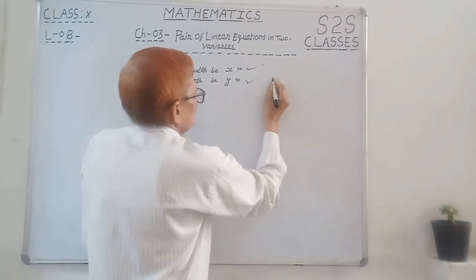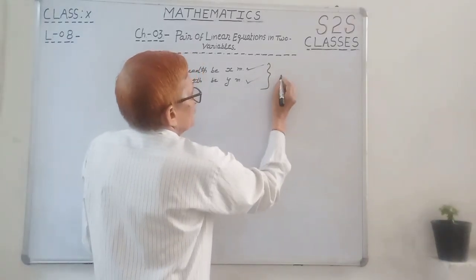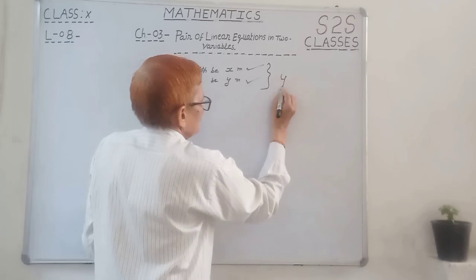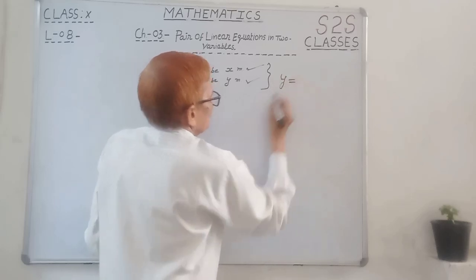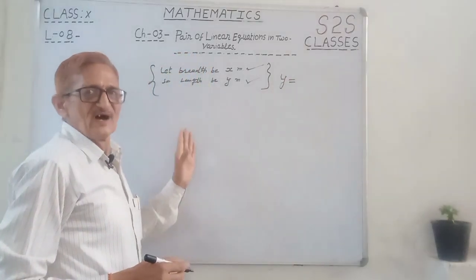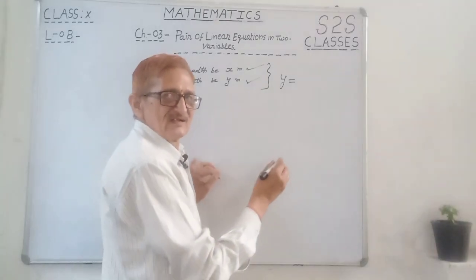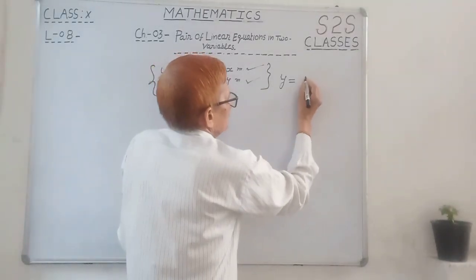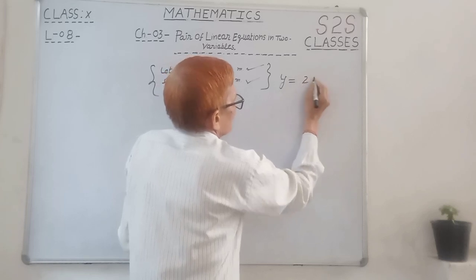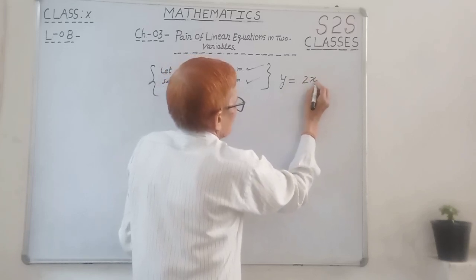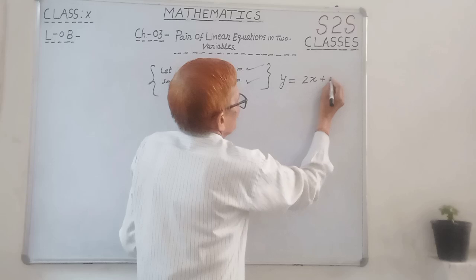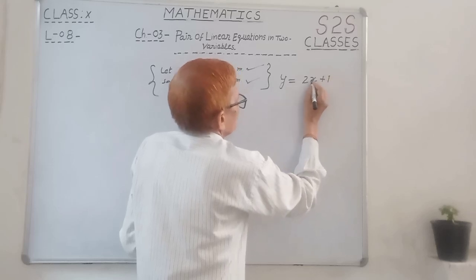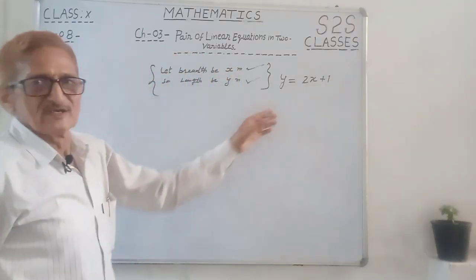So what is the relation? According to the statement, length y is equal to 1 meter more than twice its breadth. So twice of breadth is 2x, and 1 meter more means plus 1.